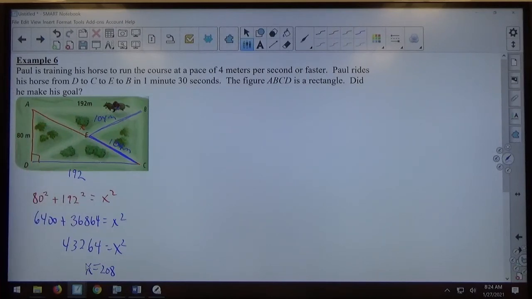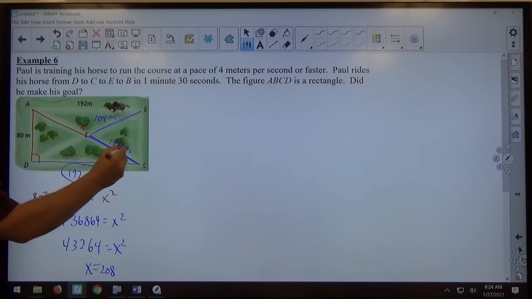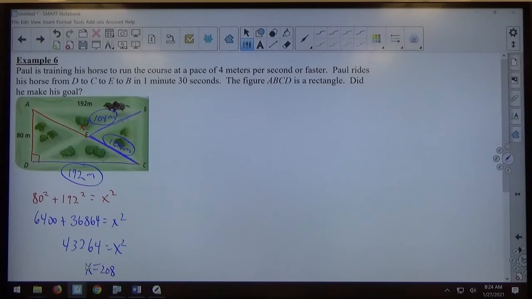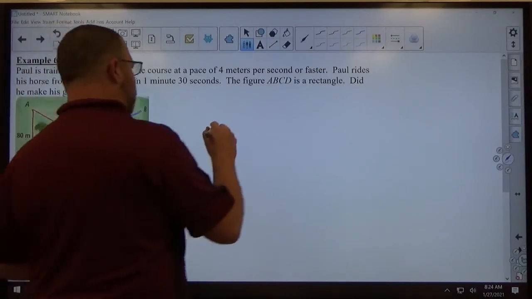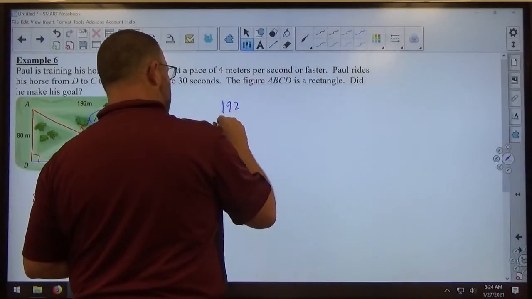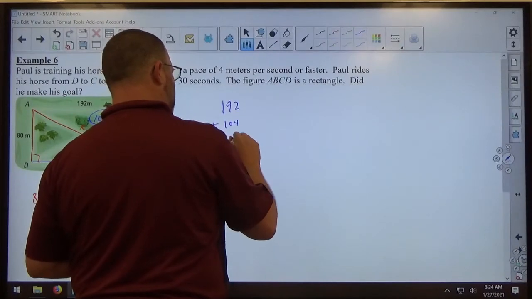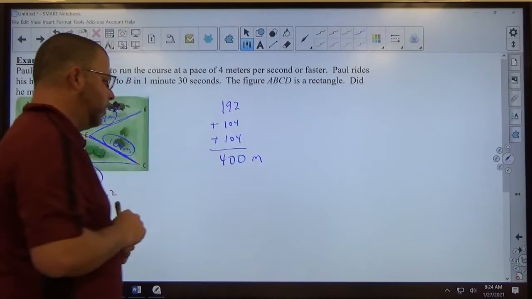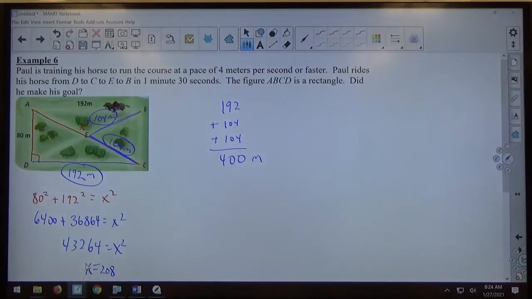So looking at this path that he's taking, he's going 192 meters from D to C, 104 meters from C to E, and then another 104 meters from E to B. So if I add all those up, 192 plus 104 plus 104, the path is exactly 400 meters that he's going to go.